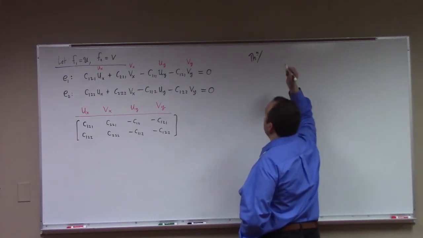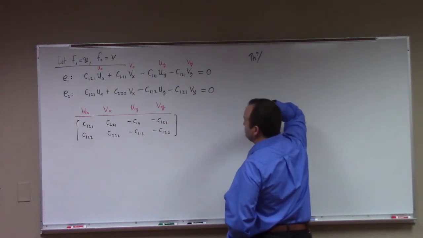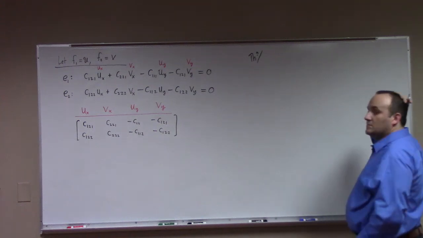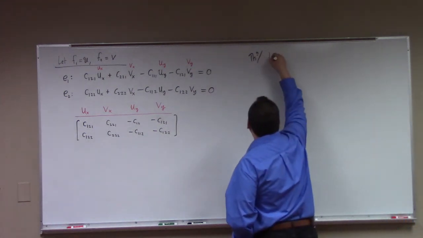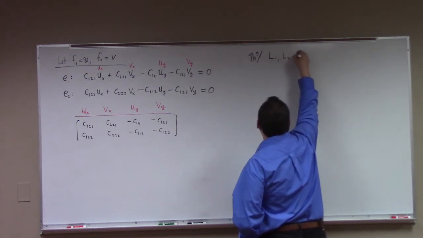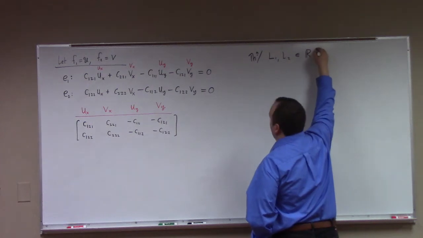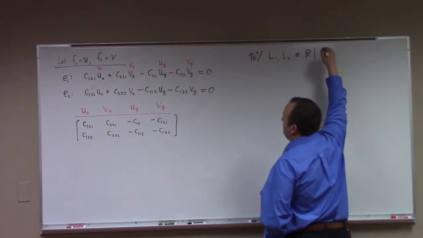Equation 1, what are these? These are really polynomials in what? We're looking at L1 and L2. Elements of what? Elements of the ring of formal polynomials in the partial differentiation operators.